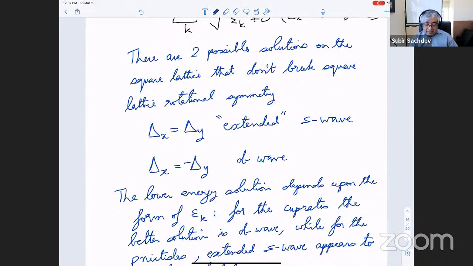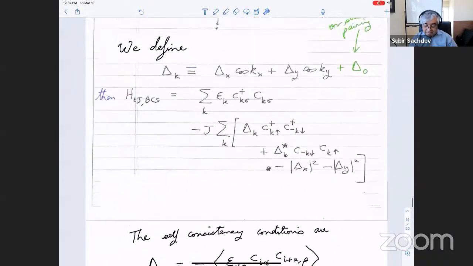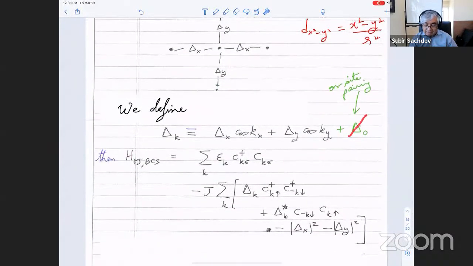So now delta x equals delta y seems like an S wave. It's the same in any direction, but it's sometimes called extended S wave. And the reason it's called extended S wave is because this delta zero is not present. I don't allow for anything that's independent of k.